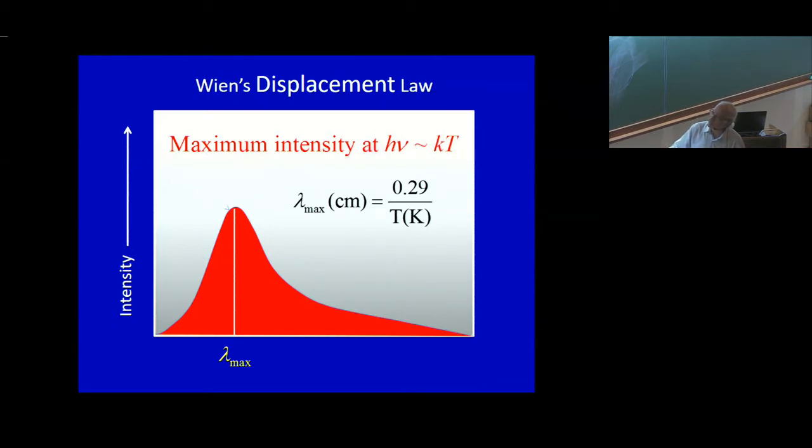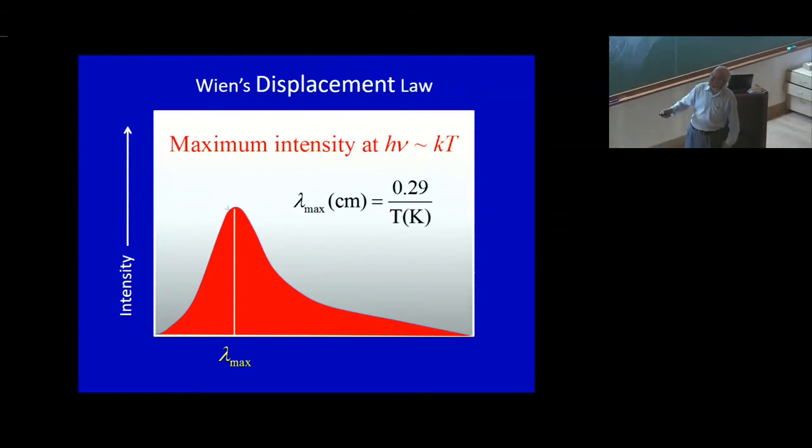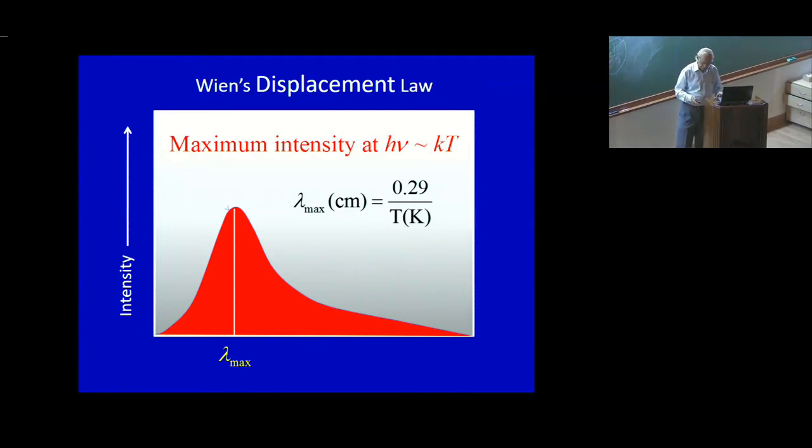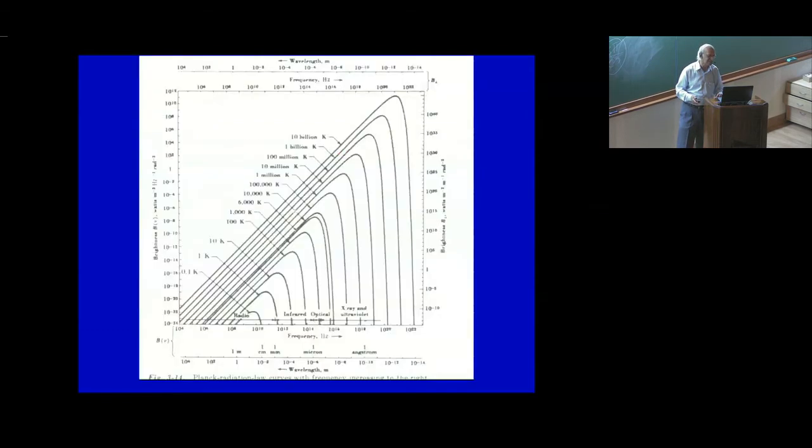The wavelength at which the maximum occurs is inversely proportional to the temperature. And in CGS units, this wavelength in centimeters is 0.29 divided by the temperature in Kelvin. Okay? And you're all familiar with this displacement law. And this will play a very important role when we discuss cosmology at some stage.